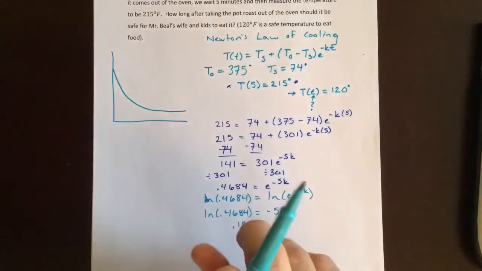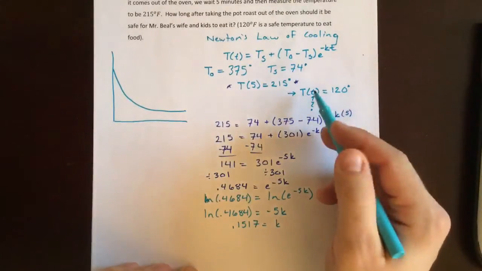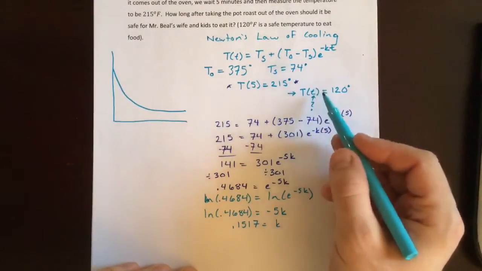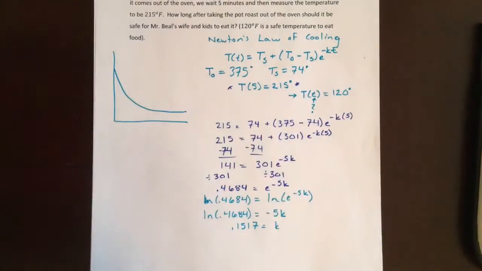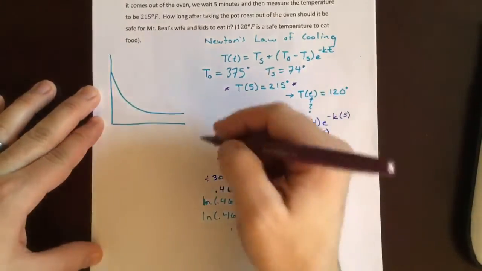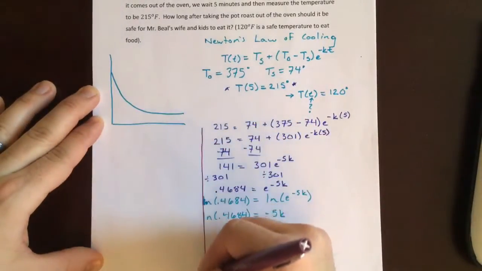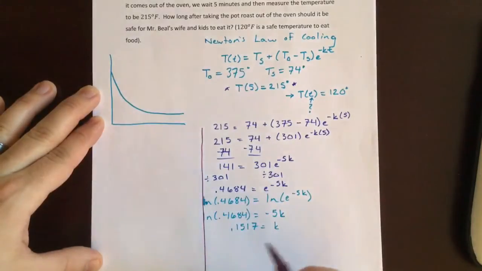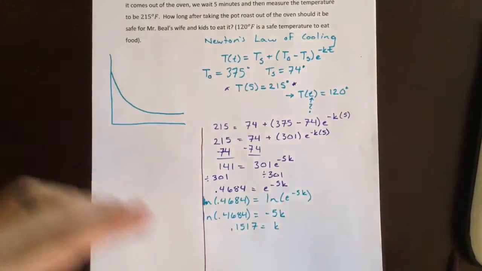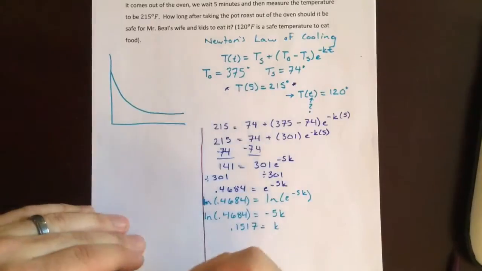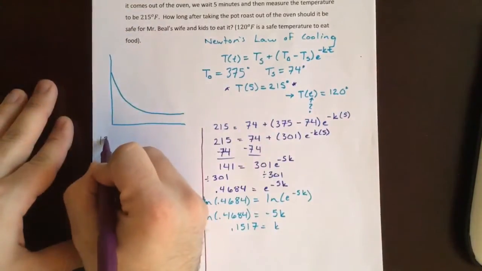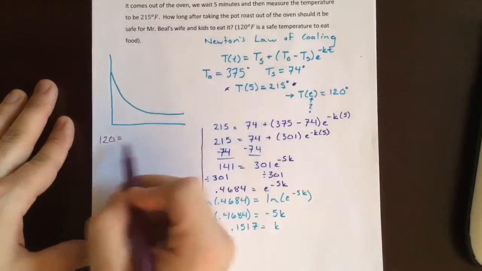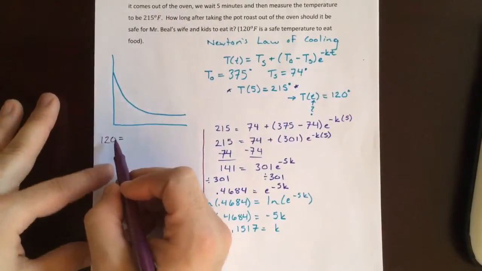Now we can go back and figure out the time it will take for this pot roast to reach 120 degrees. To do this, I'm starting back at the very top again. We need to know when our object will reach 120 degrees.